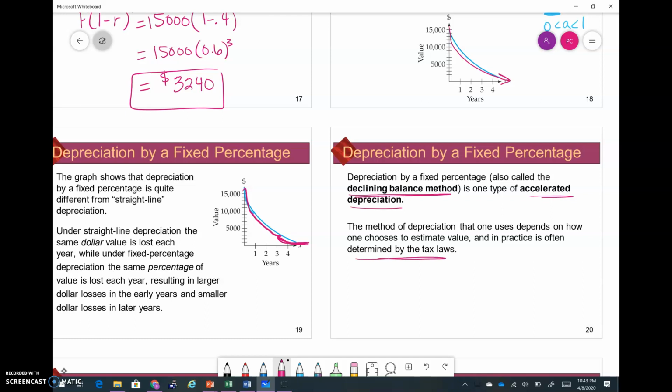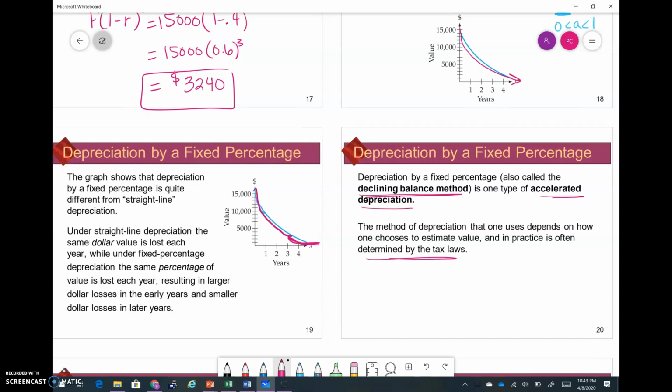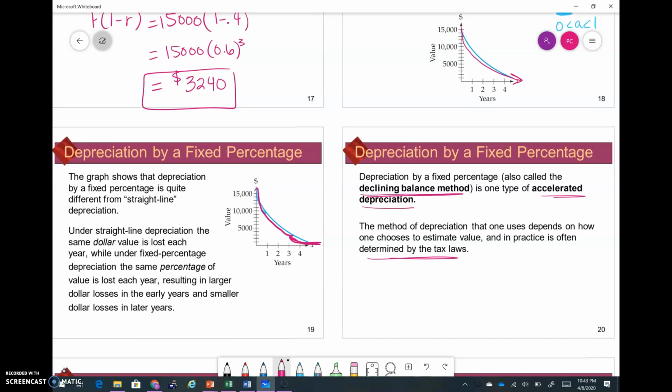So whether you pick straight line depreciation or fixed percentage depreciation would depend on what you're valuing and what the laws are in your area or for that particular instance.